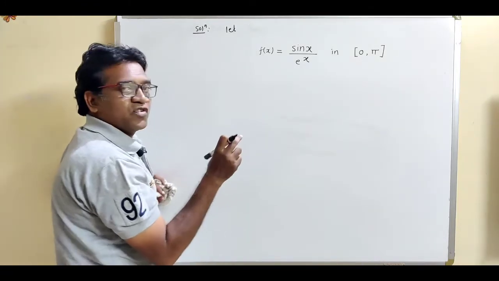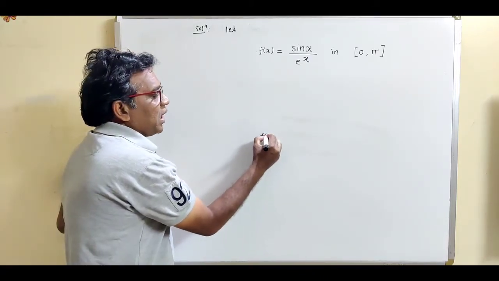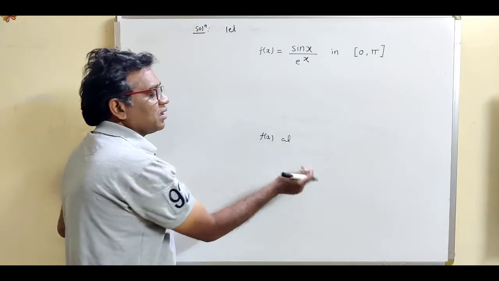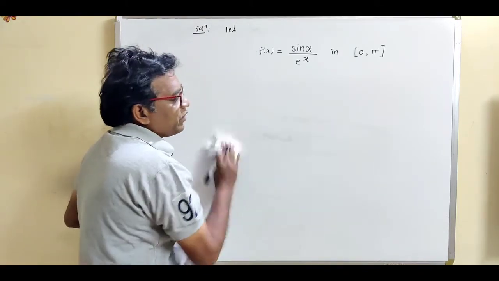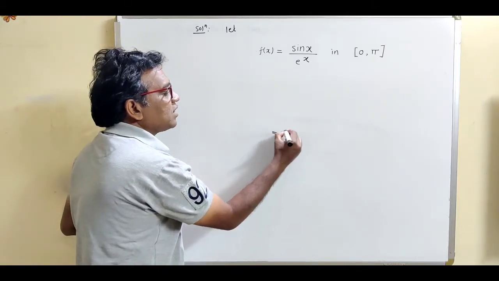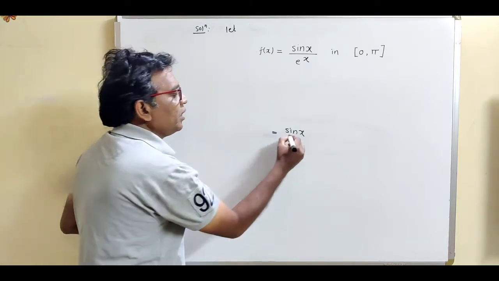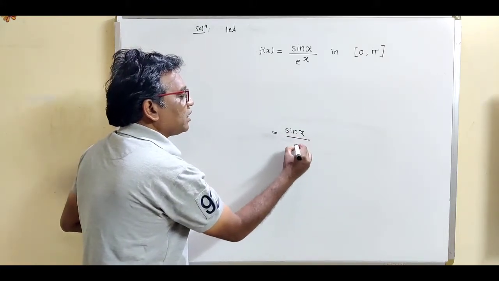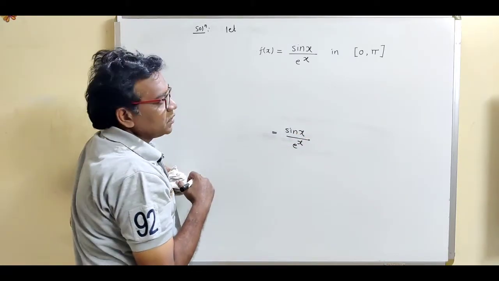What is the first condition for Rolle's theorem? We have to check whether f(x) is continuous in the given interval or not. Now see what is the given function. This function contains a trigonometric function sin x divided by an exponential function e raised to x.